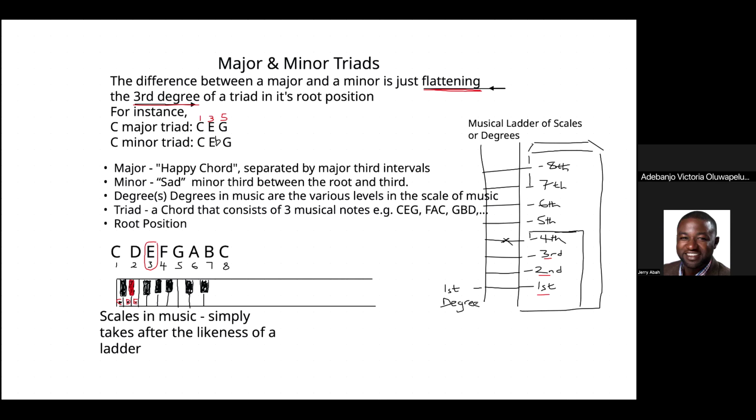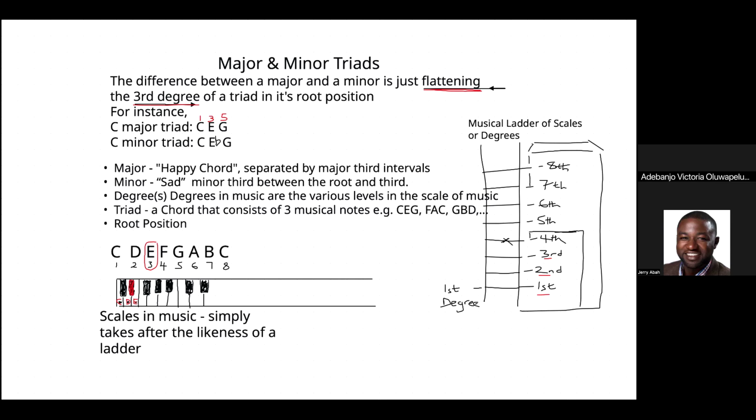So if we sharpen the fifth degree, will it still remain a minor chord or no? For the major triad, if you sharpen the fifth degree, it becomes an augmented chord. We call it an augmented triad.